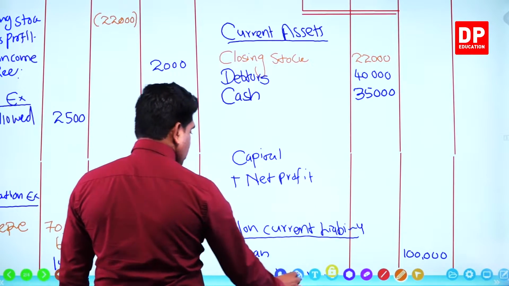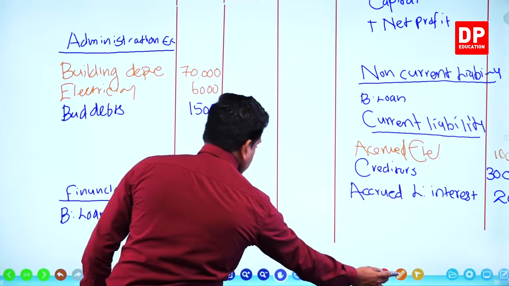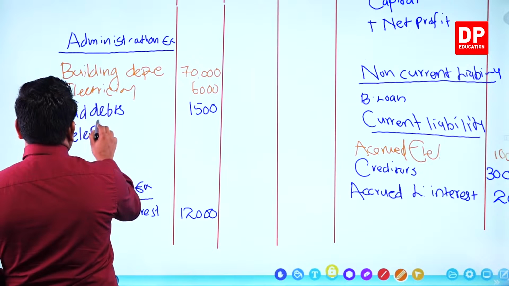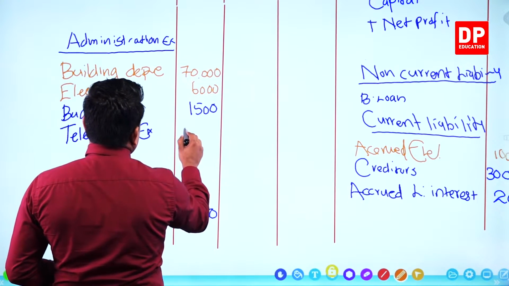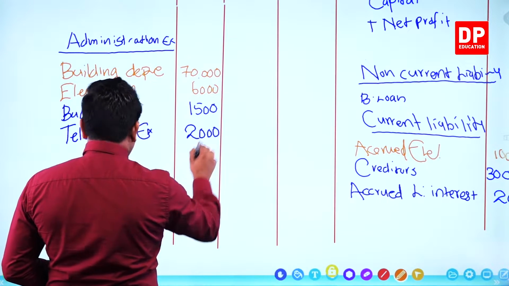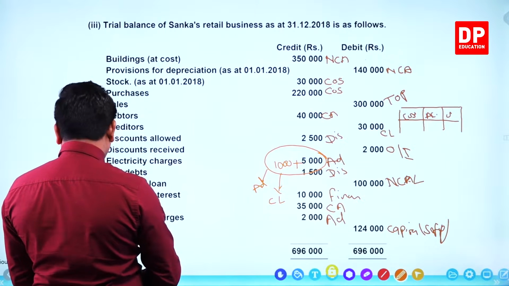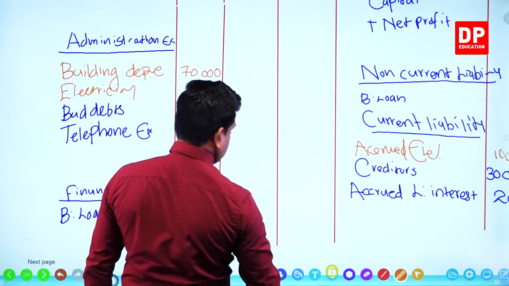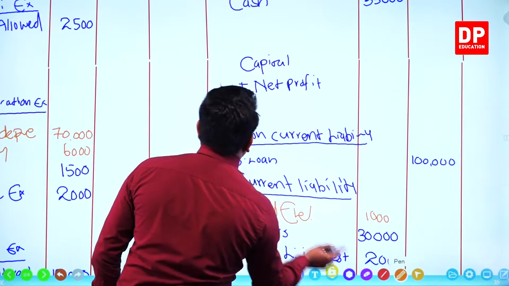Telephone charges go under administration, right? Just one more. Capital 124,000.